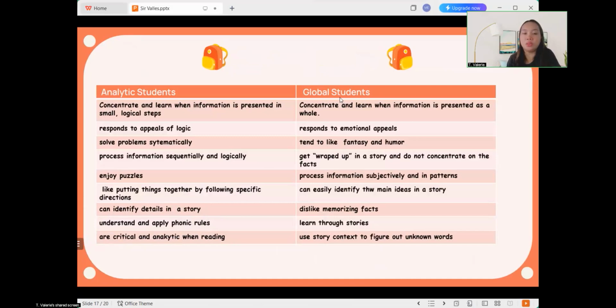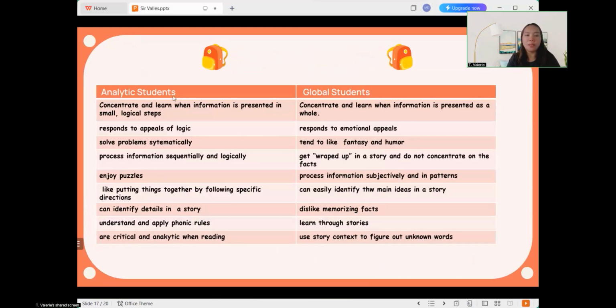Let's have the global students. Global students tend to concentrate and learn when information is presented as a whole, respond to emotional appeals, tend to like fantasy and rumor, get wrapped up in a story, and do not concentrate on the facts. They process information subjectively and in patterns, can easily identify the main ideas in a story, dislike memorizing facts, learn through true stories, and use context to figure out unknown words.